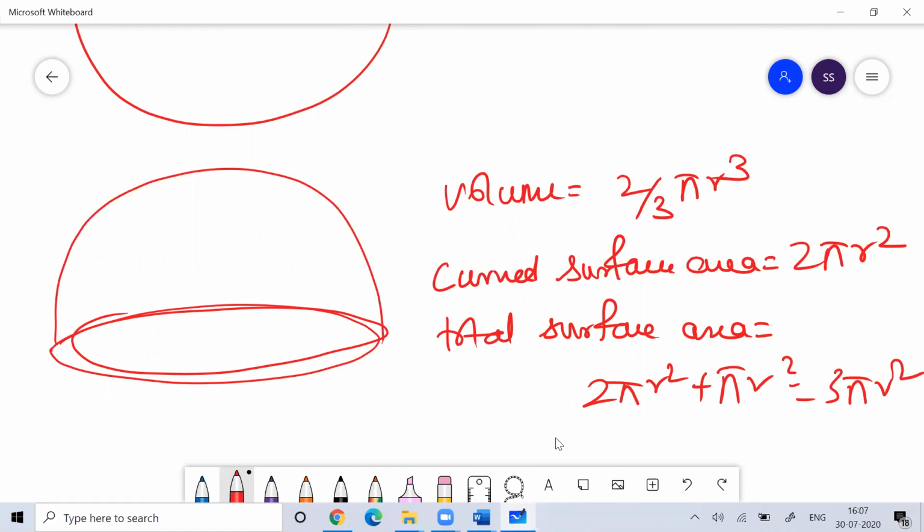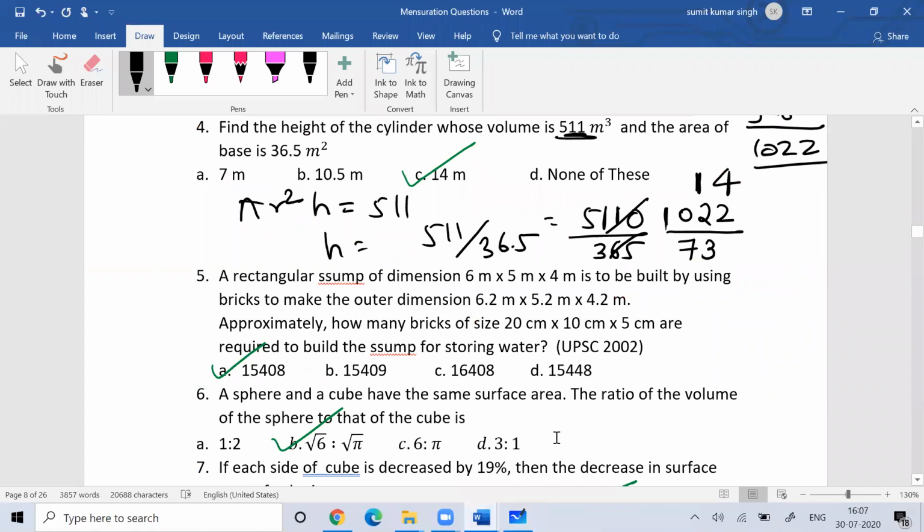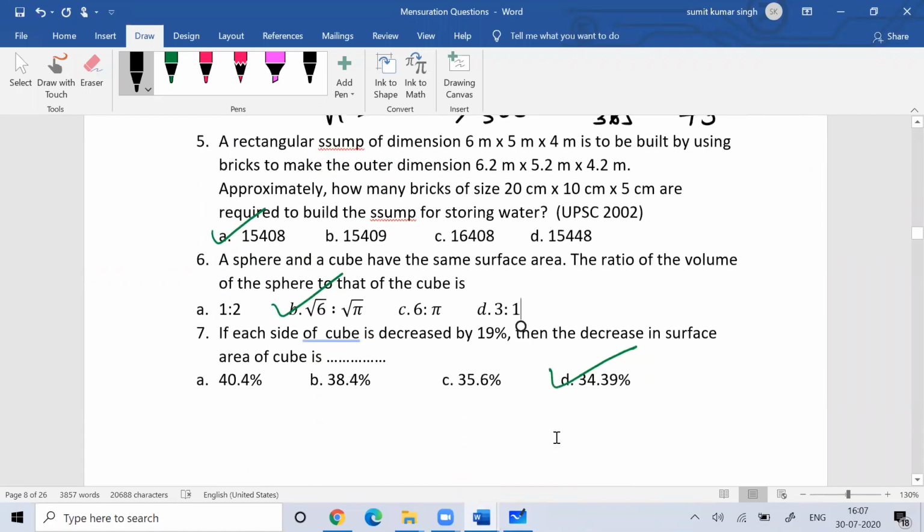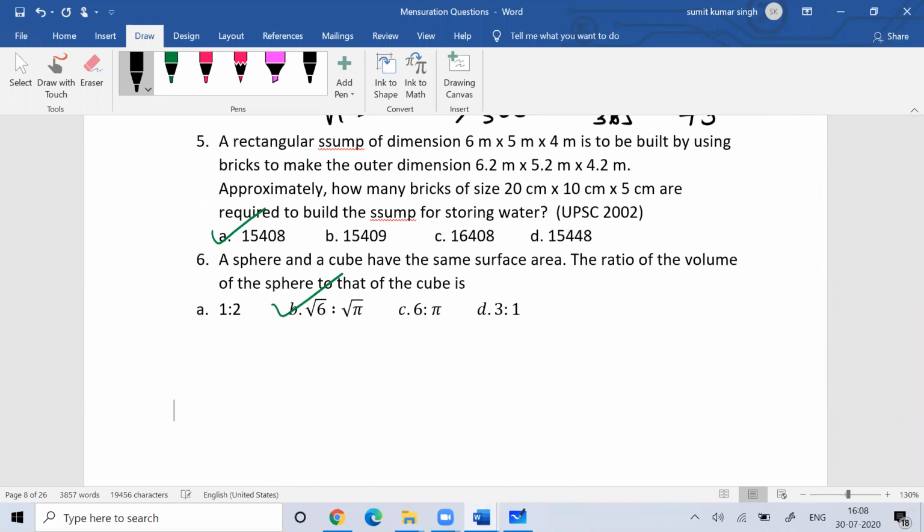Now the next question is that here the sphere and the cube have the same surface area. The sphere's surface area is 4 pi r square and the cube's surface area is 6a square. I'm assuming r is the radius of the sphere and a is the edge of the cube. So I can say 2 pi r square is equal to 3a square.